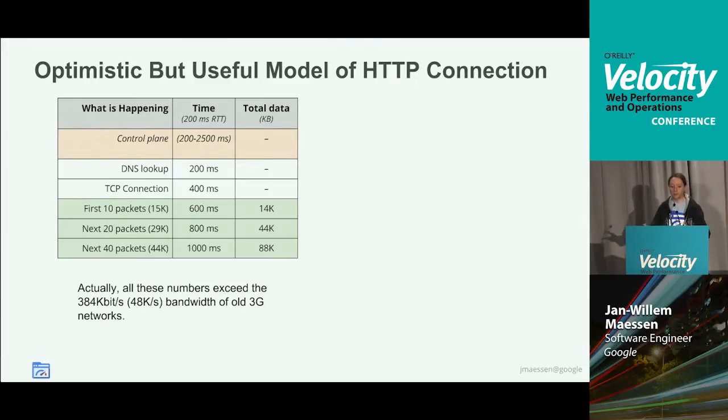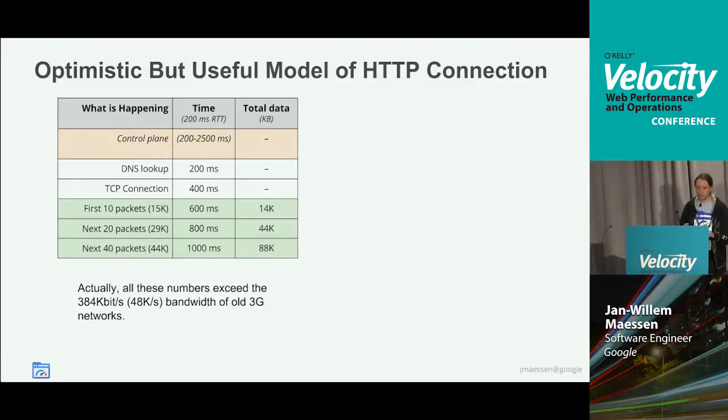So when I start accessing a web page, what's going to happen? Well, we're going to start out with some control plane stuff where we're starting the radio up. Most mobile web browsers do a pretty good job of firing up the radio before we've actually pressed the button, entered the URL, and so forth. So hopefully the control plane is not going to intervene too much. We're going to assume we get it for free. Then we have to do a DNS lookup.